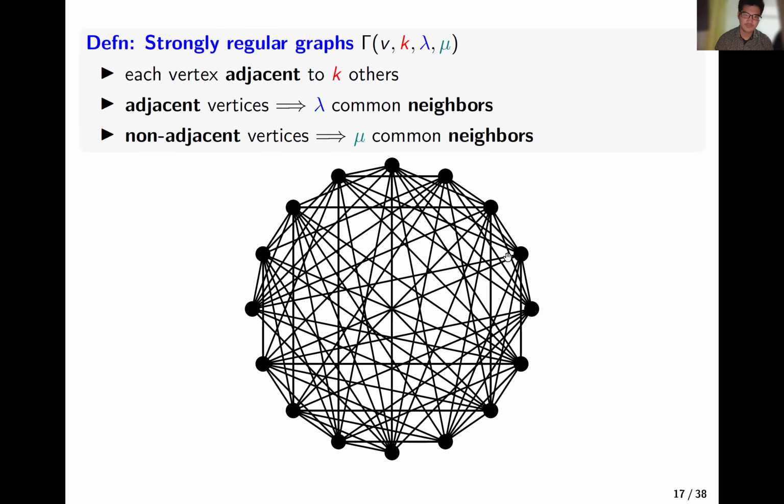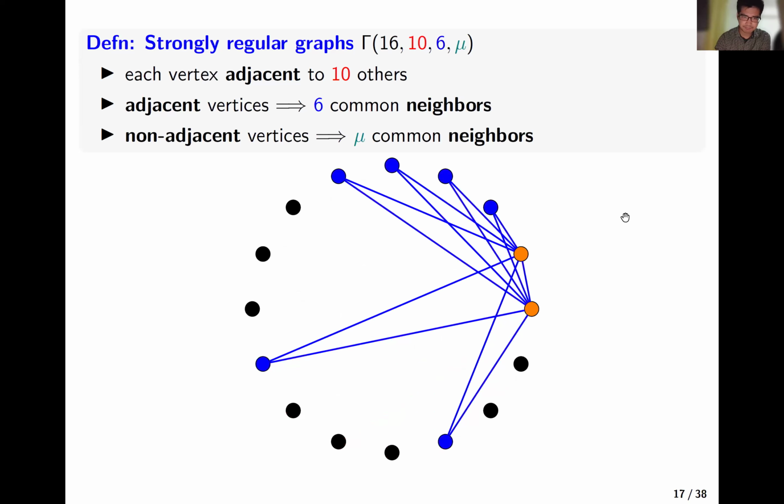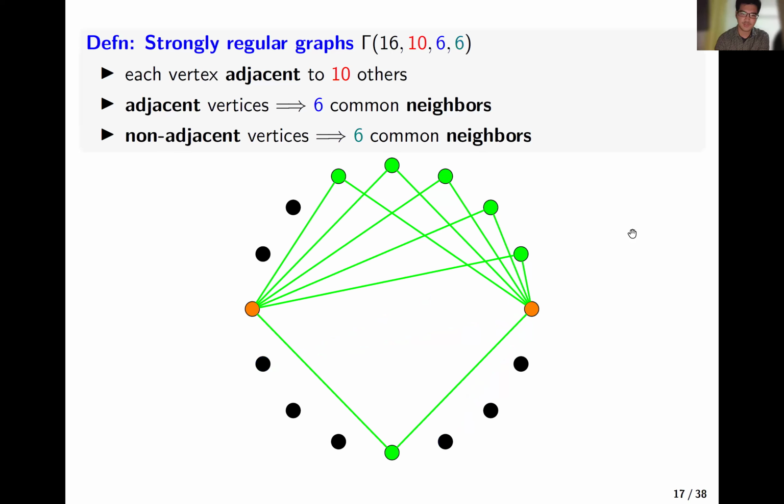If I have two adjacent vertices, they have lambda common neighbors, and non-adjacent vertices have mu common neighbors. So for instance, in this example, every vertex is adjacent to 10 others. Adjacent vertices, like these two orange ones, have 6 neighbors in common. And non-adjacent vertices, such as these two orange ones, have 6 common neighbors. So those give us the parameters of our strongly regular graph.